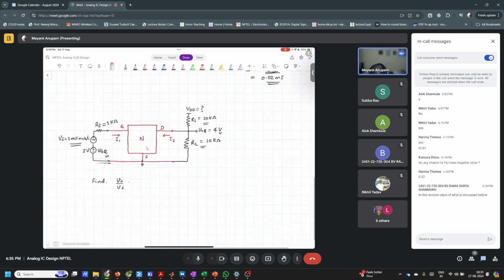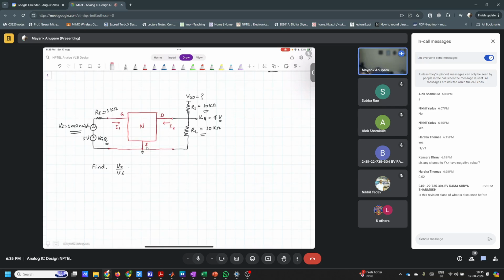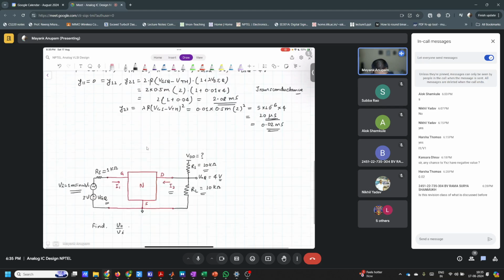We already know from the previous question what is I2. What is I2?